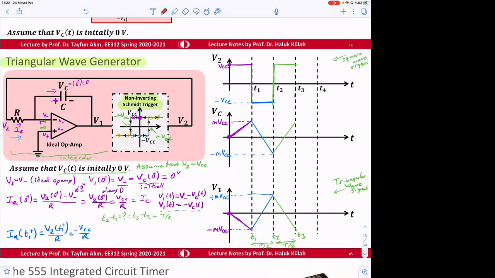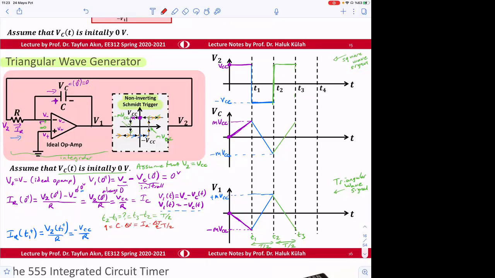Okay, so the charge Q is equal to capacitance times delta V, which is equal to the current I_C, or I_R, which is equal to I_R times delta T. Delta T is equal to T divided by 2.